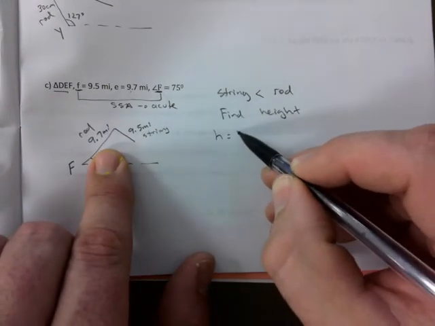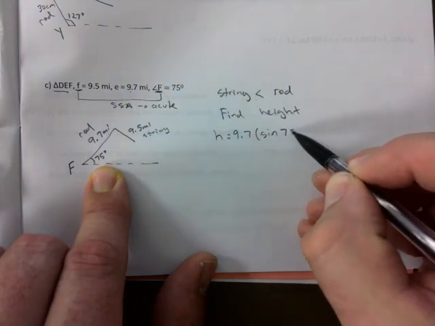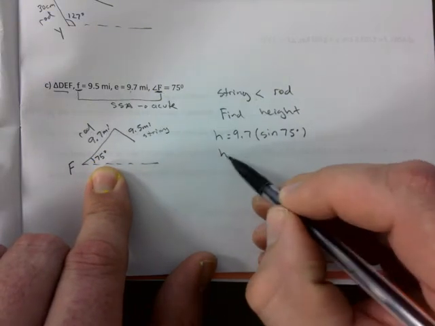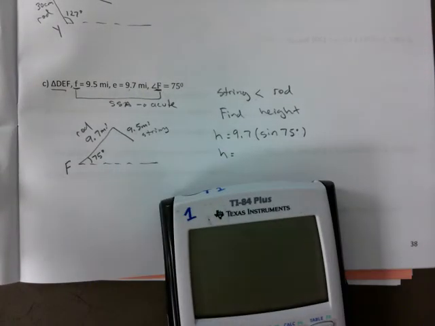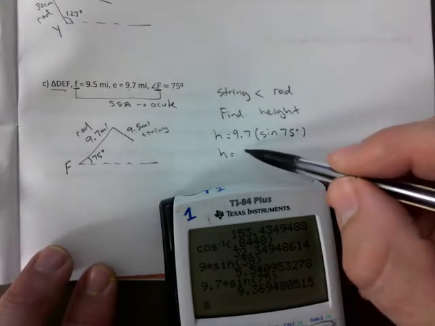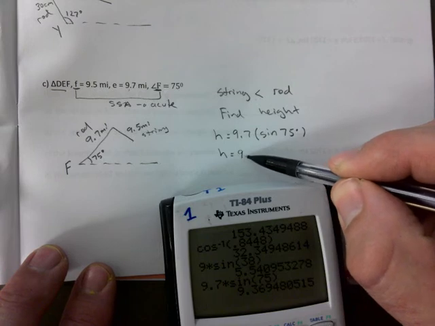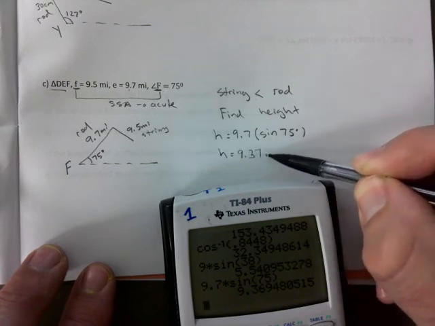So we go ahead and do that. 9.7 times sine of 75. There it is. 9.37, two decimals, always. And we are in miles.